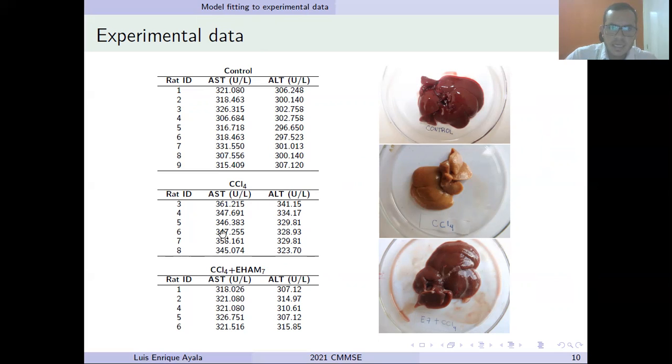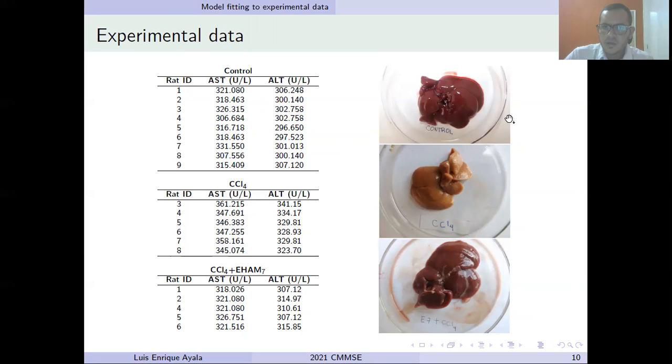We can see that the AST and ALT levels are higher for the cirrhotic group than the control, and the treated cirrhotic group is also higher than the control group, but lower than the cirrhotic group. These levels were measured just before the sacrifice.